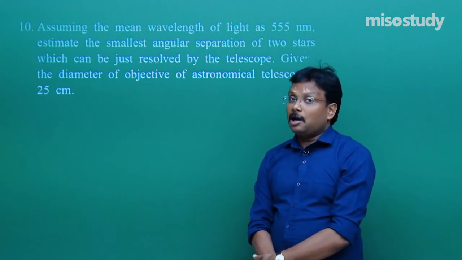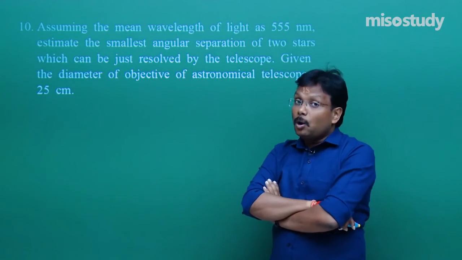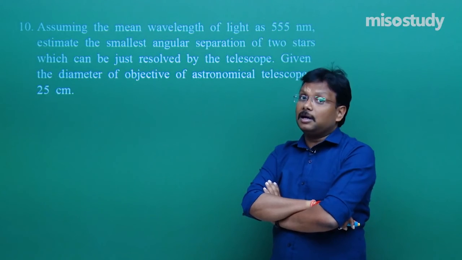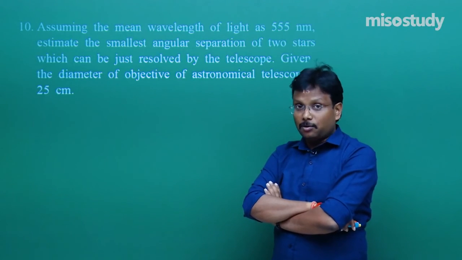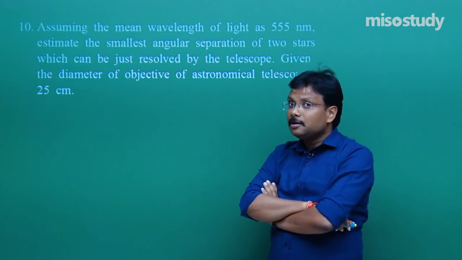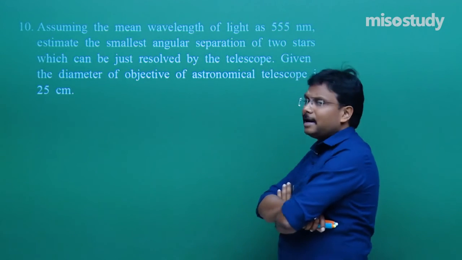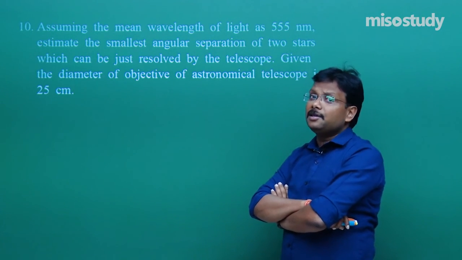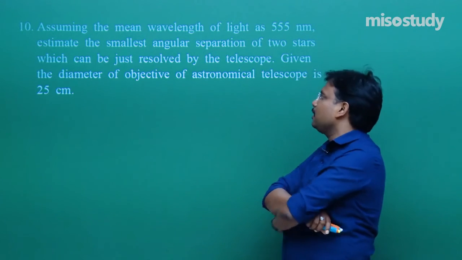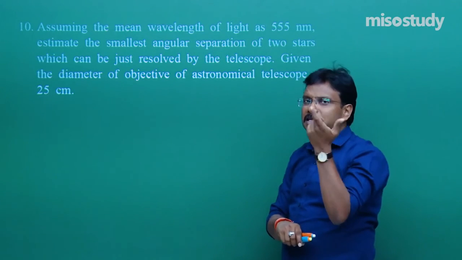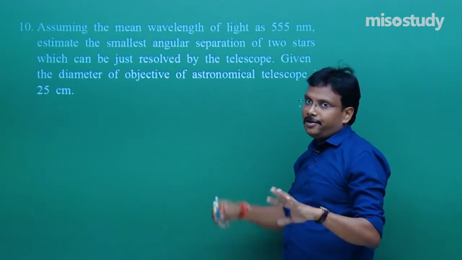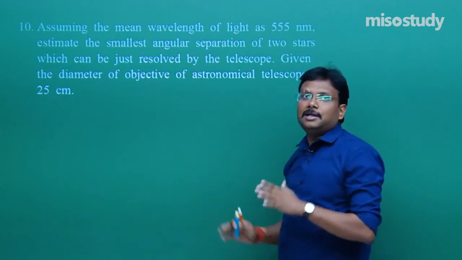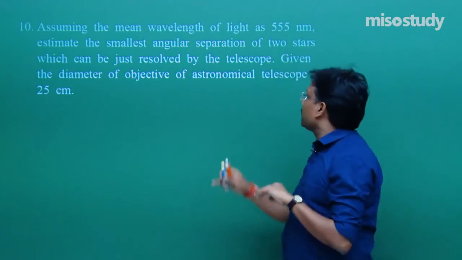I prepared one complete video on resolving power of optical instruments, telescope, microscope, human eye, on everything. So this question I picked directly from that particular video. If you are regularly revising these videos, you will say, oh, this question is just a one line question. Otherwise, the question will just look at you, that's it.